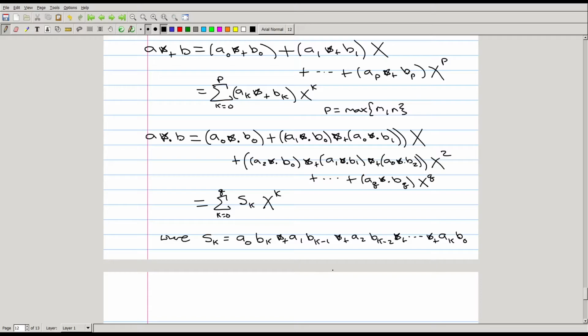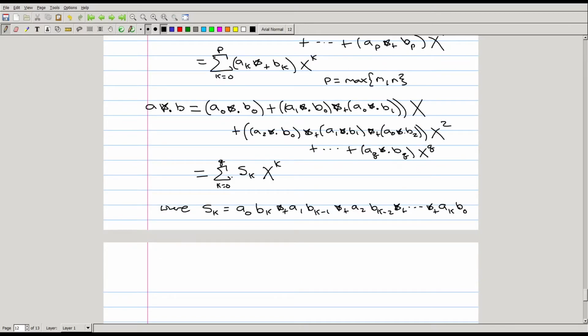And likewise, the value q here, the maximum value in the product sum, when you take the product of two polynomials and distribute, will end up being q equals m plus n, just like for normal polynomials.